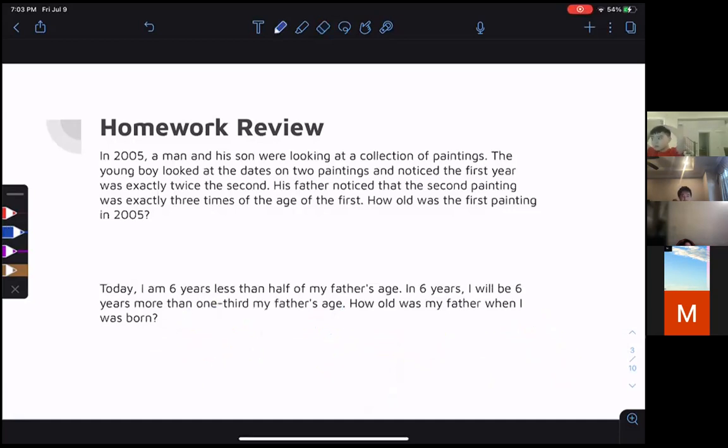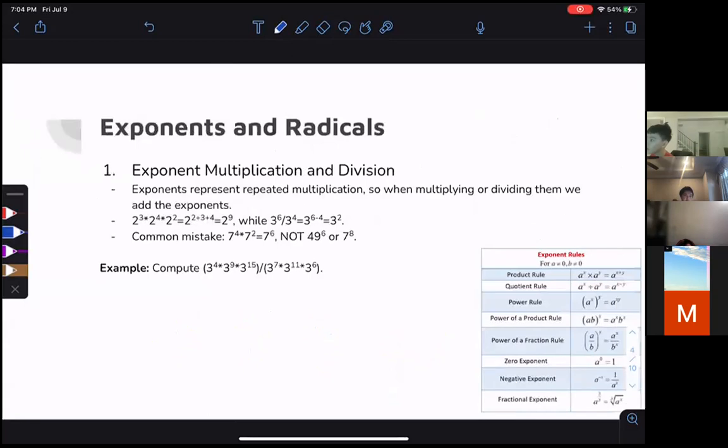So yeah, that's all for this. And for this problem specifically, it's good to remember to subtract your age, because I think some people might not have accounted for, maybe it was asking when you were born or something. But yeah. Anyways, moving on to today's topic is exponents and radicals.